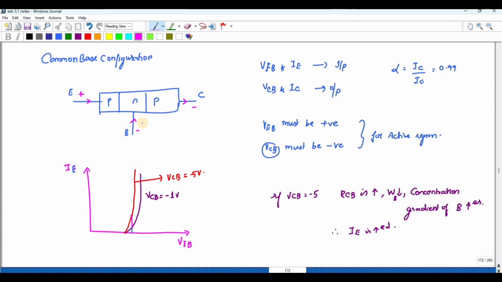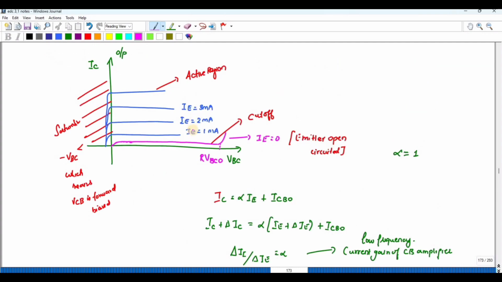If you see the output side, we know that IC is equal to alpha IE, and since alpha is almost equal to 1, IC is the same as IE. I need to plot the output characteristics between IC and VCB by changing the value of the input current, that is IE.